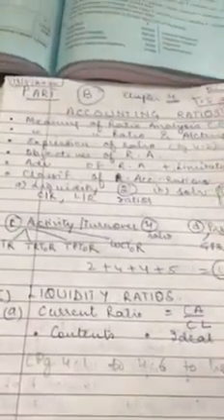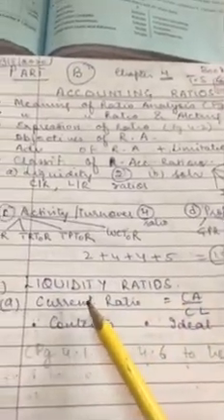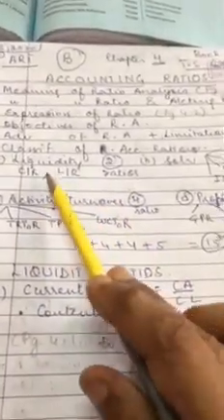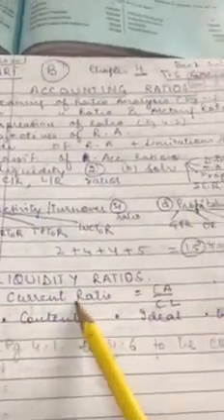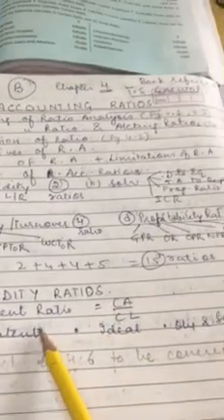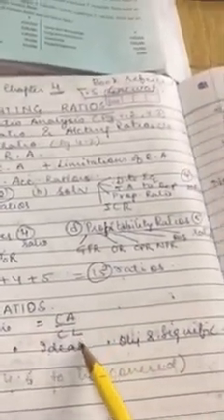Now in this class we are going to start with the liquidity ratio, that is divided into two parts, current ratio and liquid ratio. So we begin with current ratio. The formula of current ratio is current assets upon current liabilities.